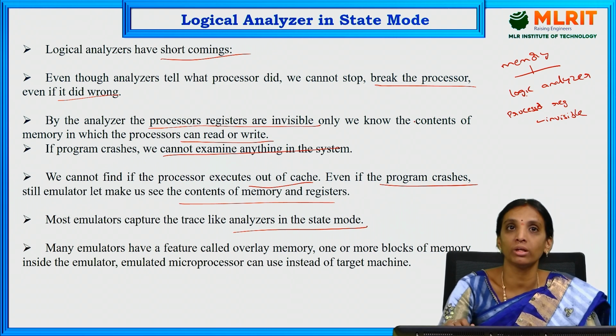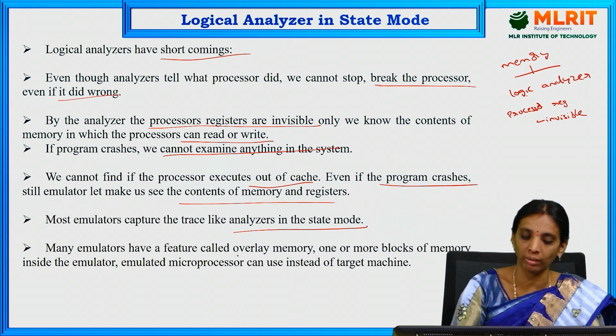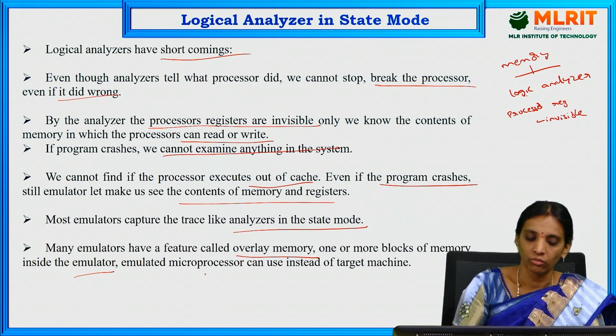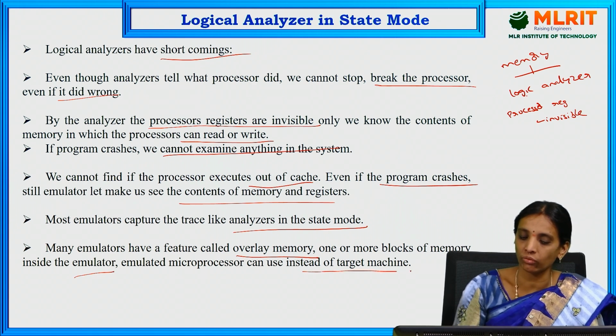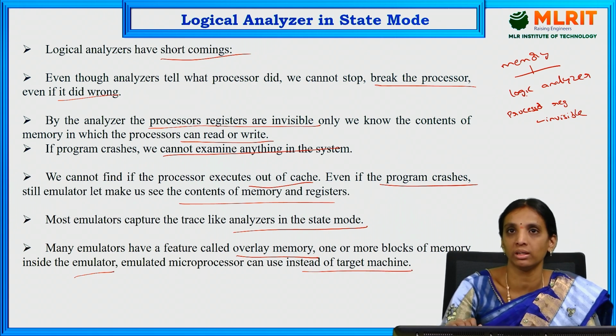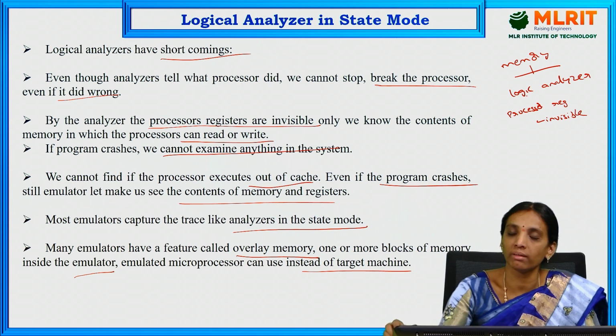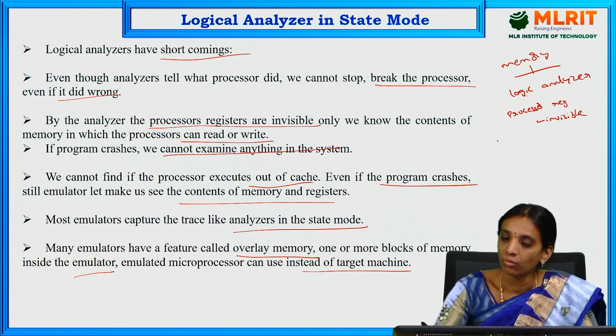Most emulators have a feature called overlay memory, which is one or more blocks of memory inside the emulator. That means the emulated microprocessor can be used instead of the target machine.